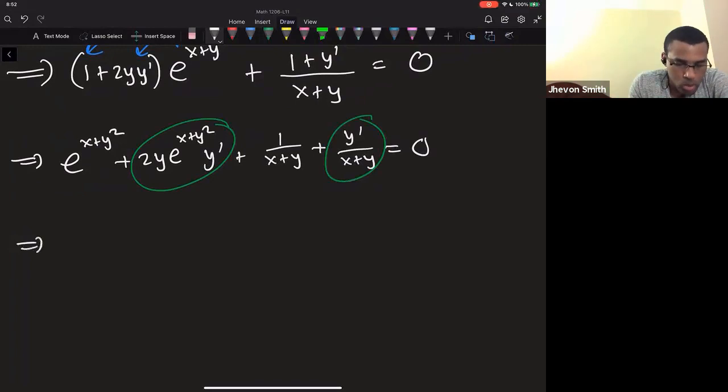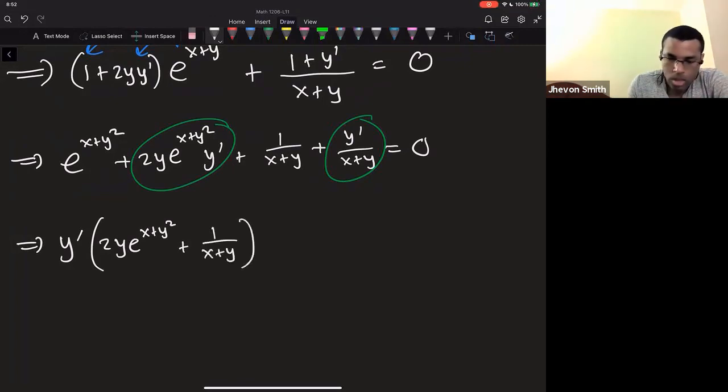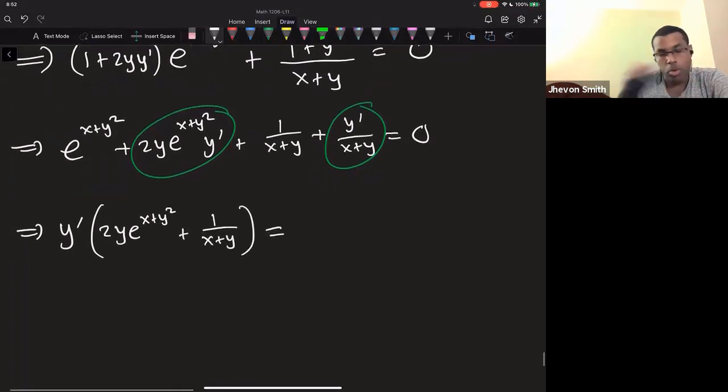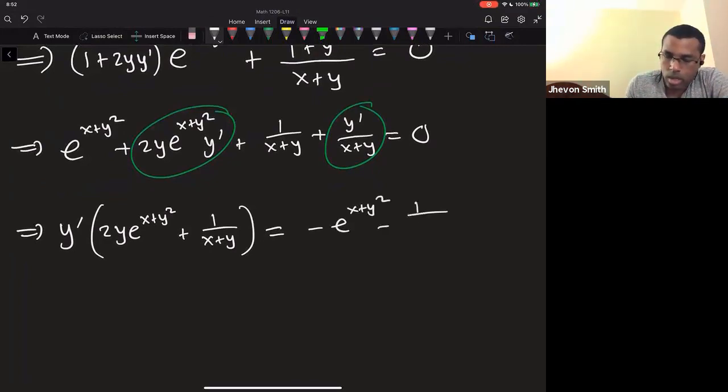You're going to leave them on one side. 2y e to the x plus y squared plus 1 over x plus y equals, move all the other guys over. So it's going to be minus e to the x plus y squared minus 1 over x plus y.